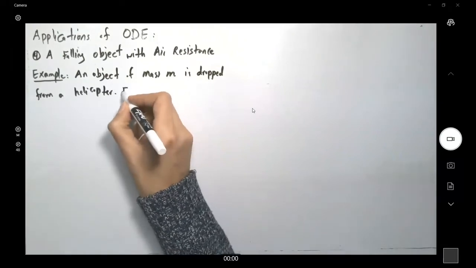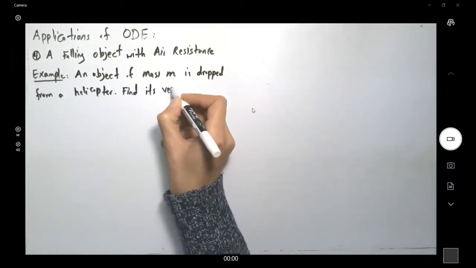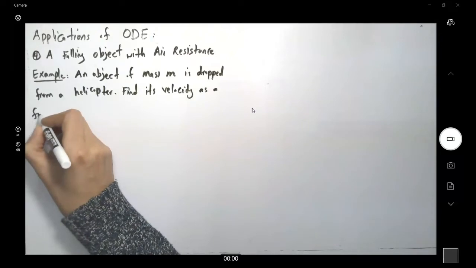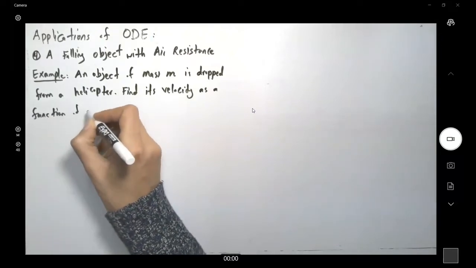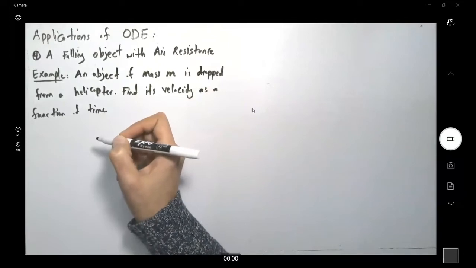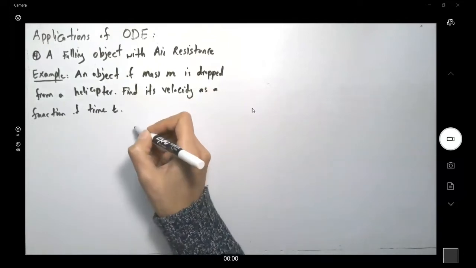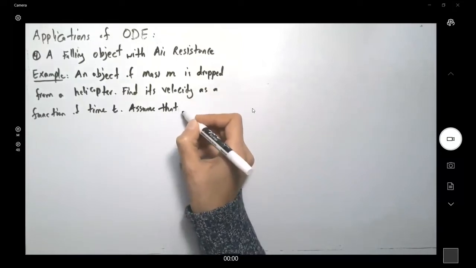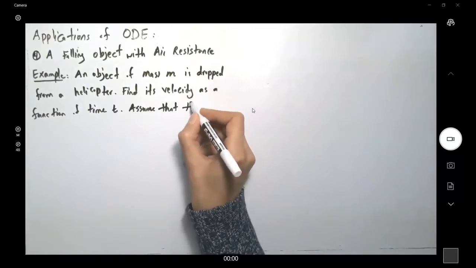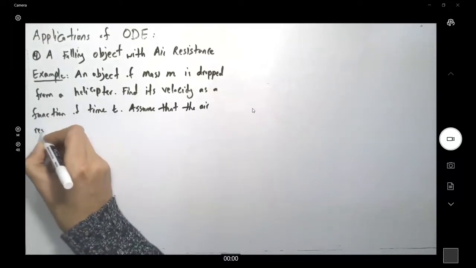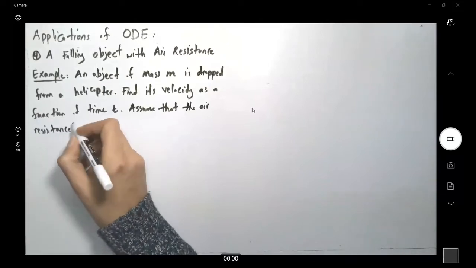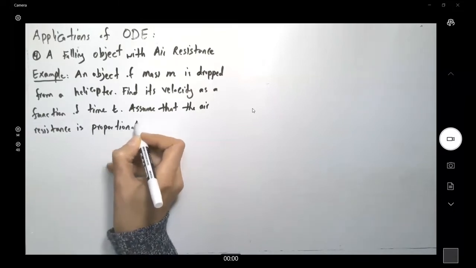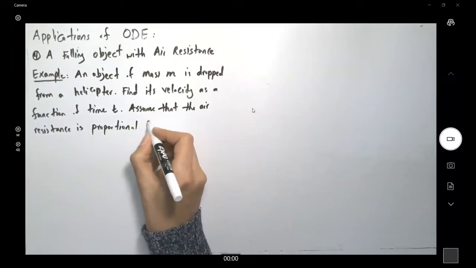Find its velocity as a function of time and assume that the air resistance is proportional to the velocity of the object.